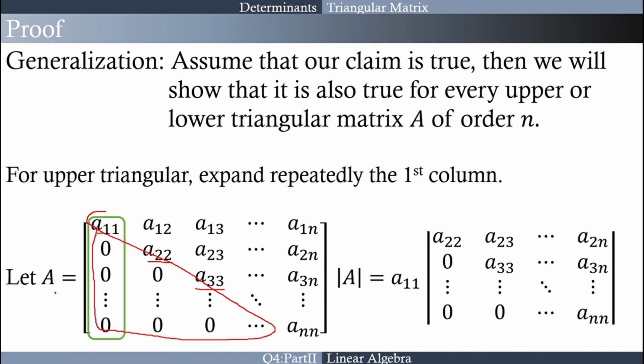To get the determinant of that matrix, we will get the first entry multiplied by its submatrix. If we get the minor, then we'll have a22 in the first row going to a2n, the main diagonal from a22 to a sub nn, and everything under the main diagonal is zeros. So we have another situation here where these are zeros again, so we'll just work with the first column again. Don't forget that we have this a11.